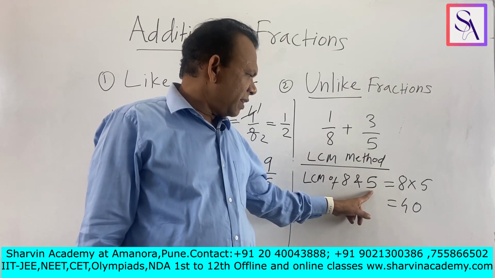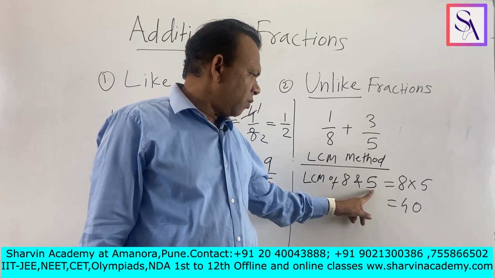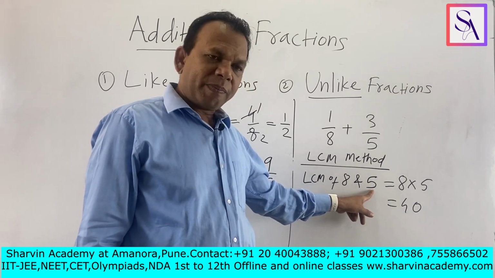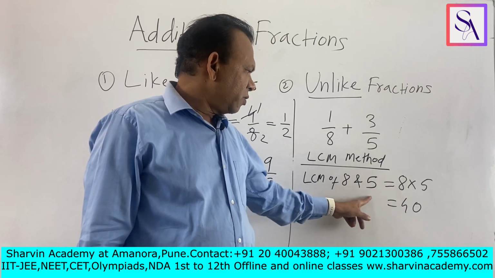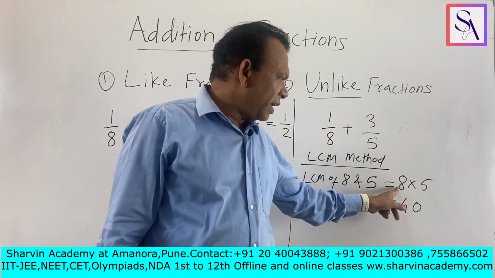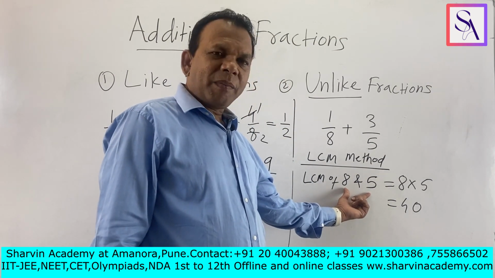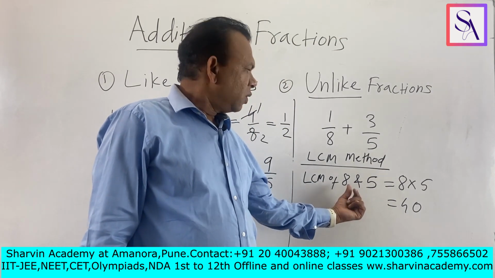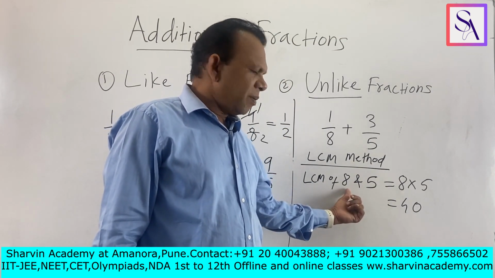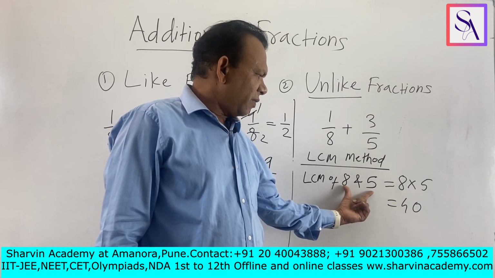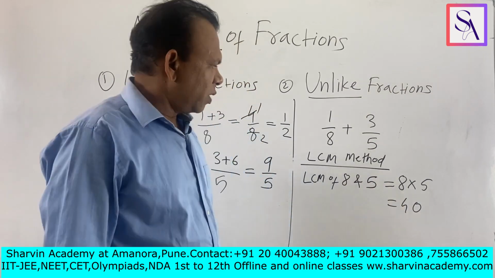Here for taking LCM, one of the numbers, 5, is prime. If one number is prime out of these two, then you can directly multiply these two numbers. Otherwise you have to use the LCM method, which we learned already. So here no need to calculate LCM in detail, just multiply 8 and 5, that is the LCM. So LCM is 40.